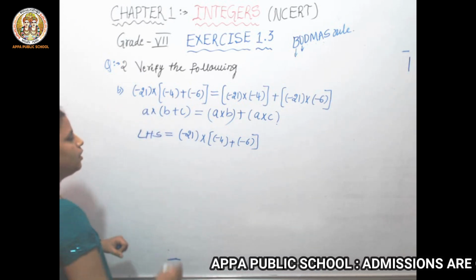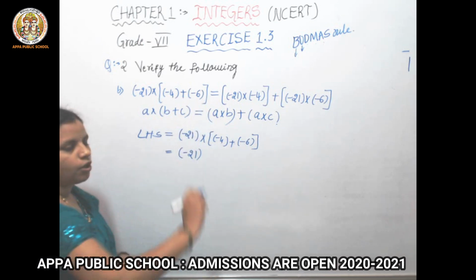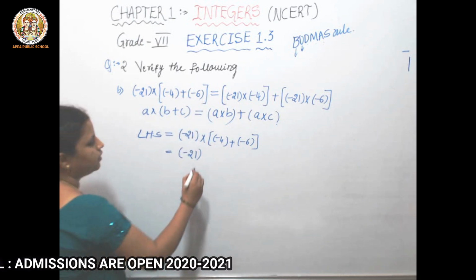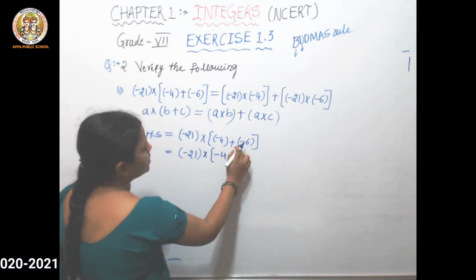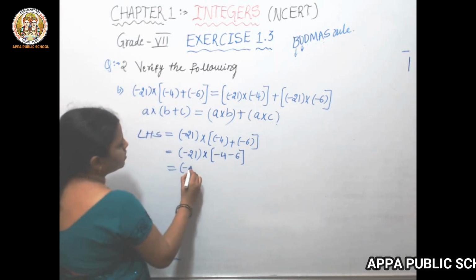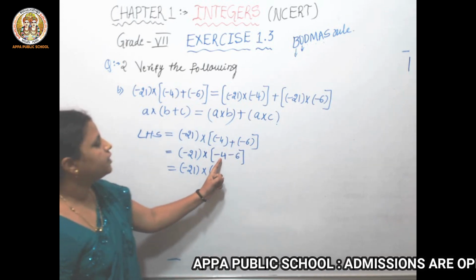Now it has minus 21. As I said, according to the BODMAS rule, first we have to solve the bracket. Minus 21 into (minus 4 plus minus 6). Both are with the minus.